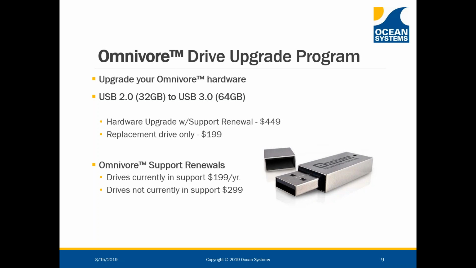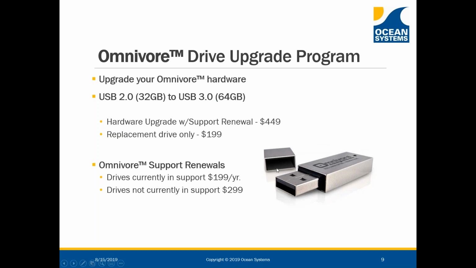If you're not in support or to renew your support, it's $199 a year for the annual support currently on Omnivore. Now that may change as we're planning a number of new features and further development down this line. If you're not in support, it'll cost you an extra $100 the first time to get back into support.